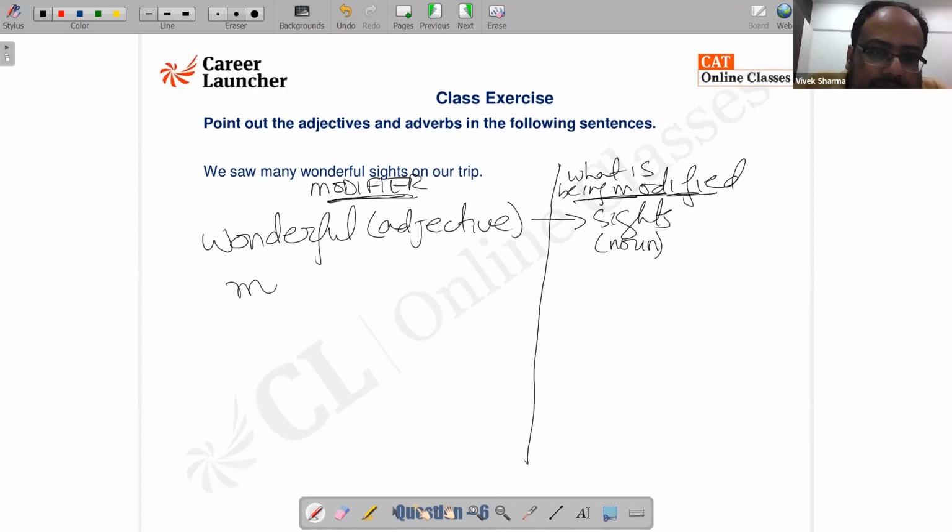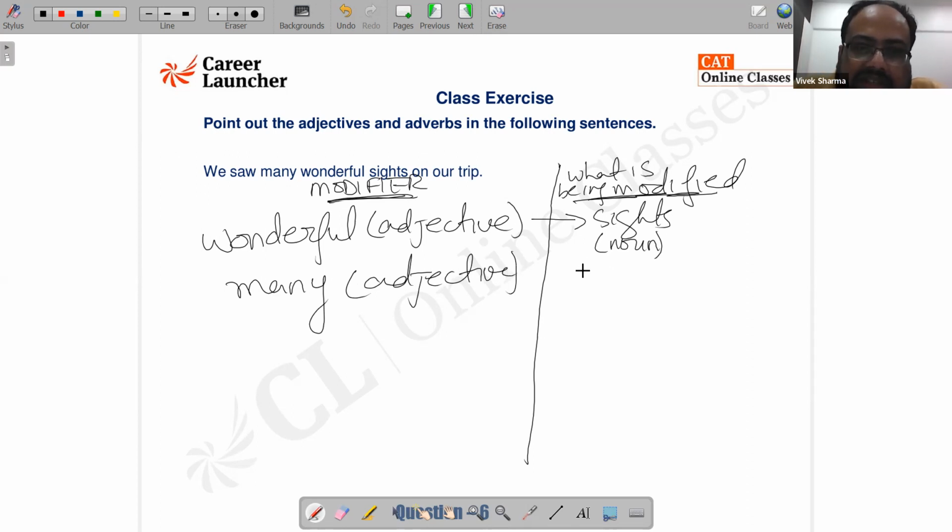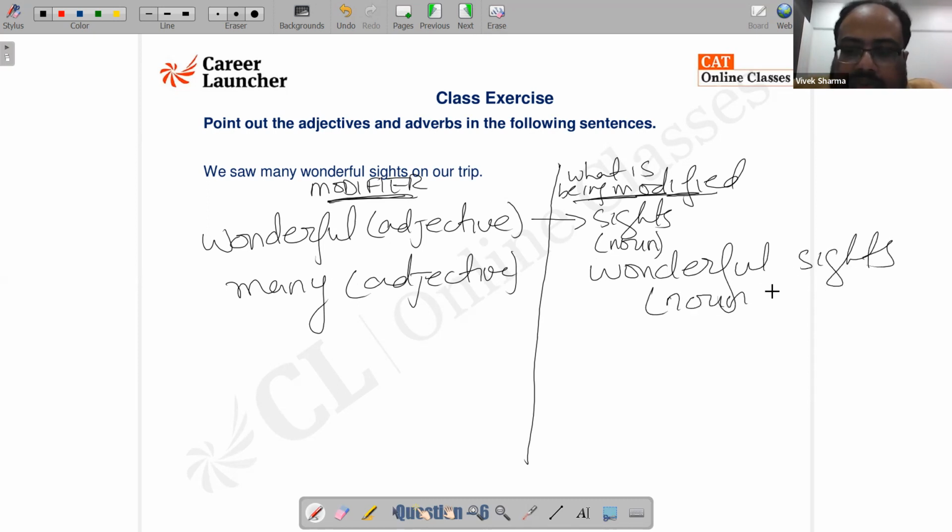Another modifier that we have is many. Many is also an adjective which is modifying wonderful sights, which is a noun phrase.